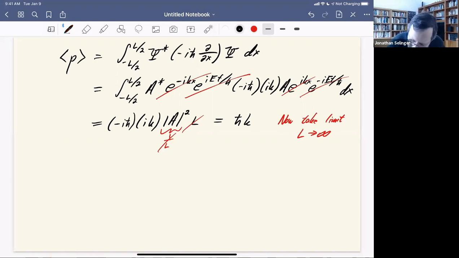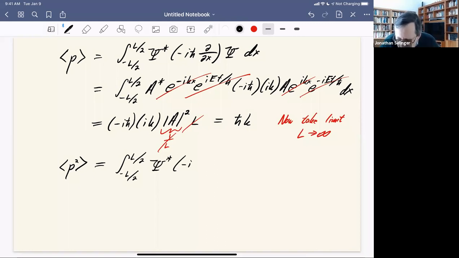What about the expectation value of the momentum squared? Well, that's going to be just the same, except we need two momentum operators in the middle.